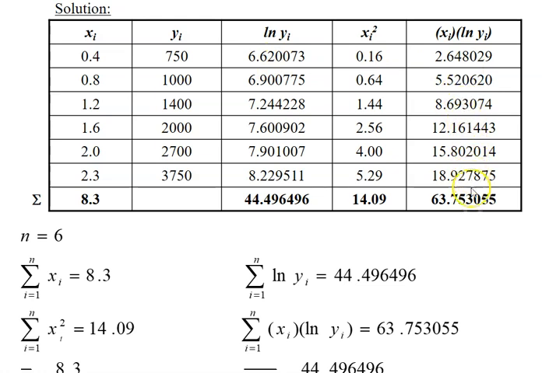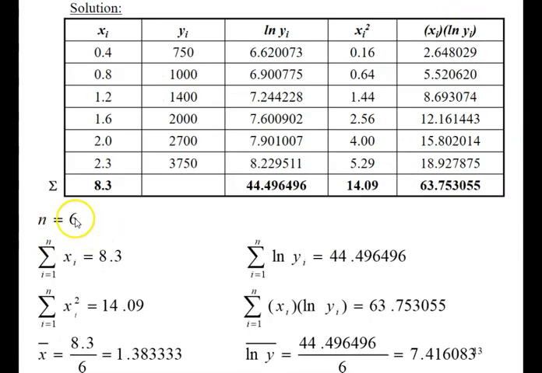You have this total for xi times ln yi. Here I'm listing all the items that we need in order to calculate the slope and the intercept. You need your n, the number of data, which is 6. Then you need the summation of x, the summation of x squared, the summation of ln y, which is the y-axis, and the summation of x times ln y.